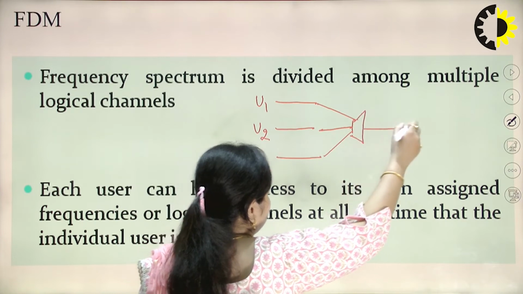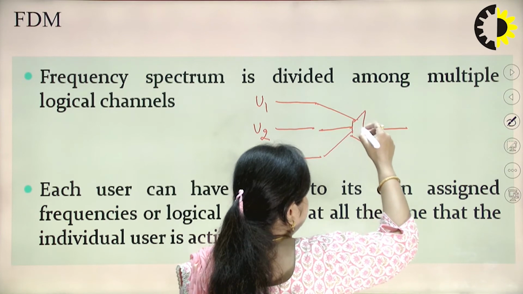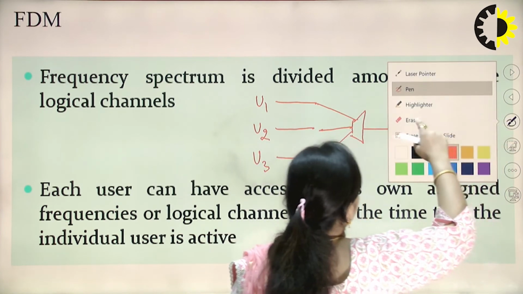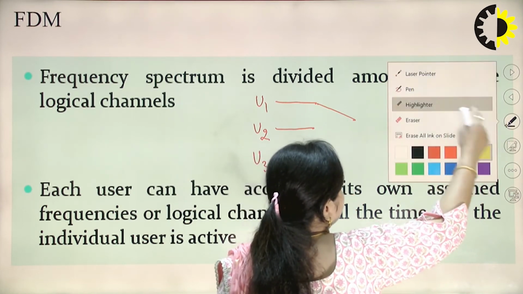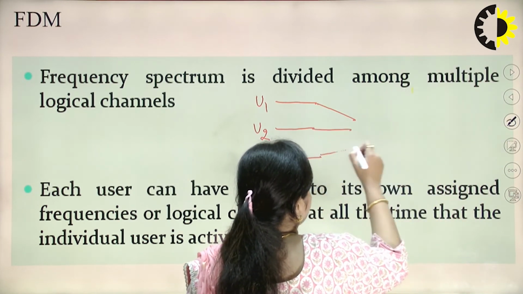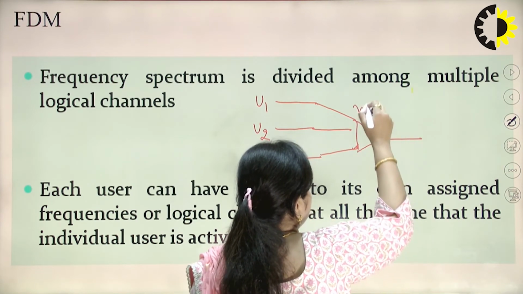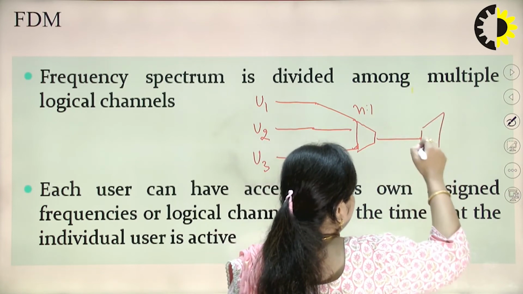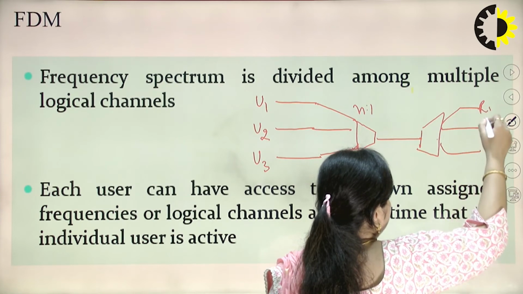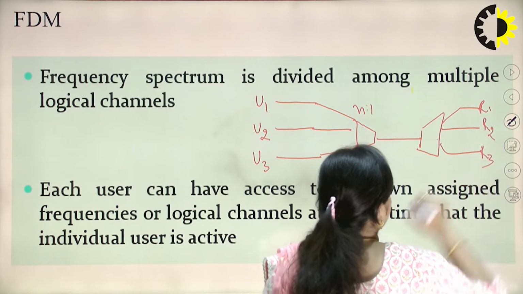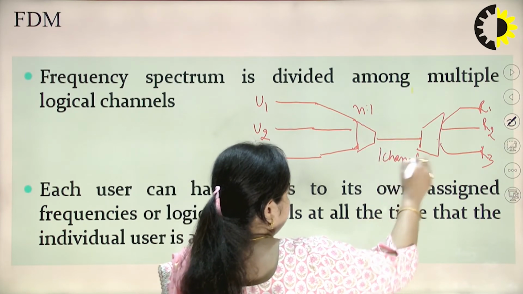So, this will be a mux, this is n is to 1 and here we are using demux. So, there will be receiver 1, receiver 2 and receiver 3. This will be one channel.